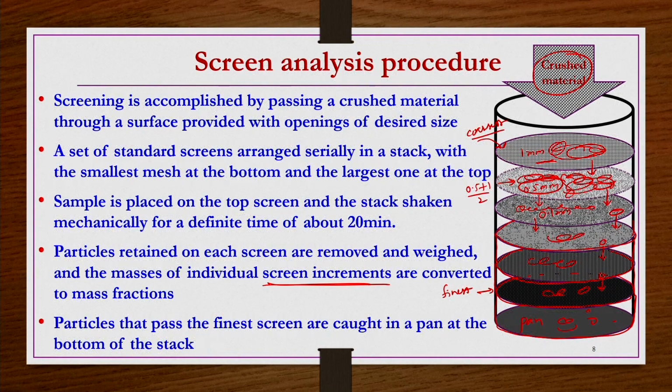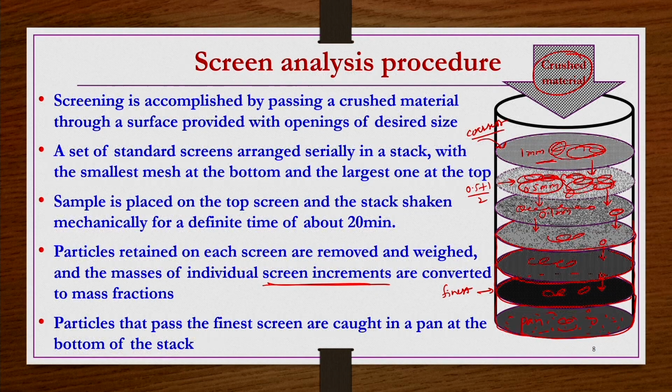Particles that pass the finest screen are caught in a pan at the bottom. In the pan you are expected to have the finest particles, and the coarsest particles are expected to be retained on the top screen in general, depending on the size, the screen opening, and the sample.